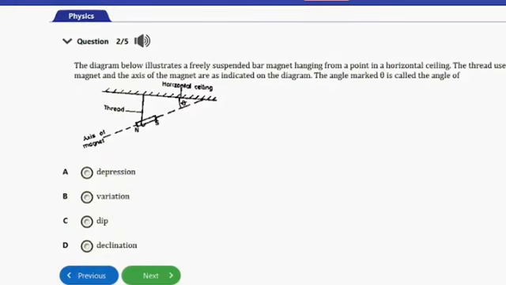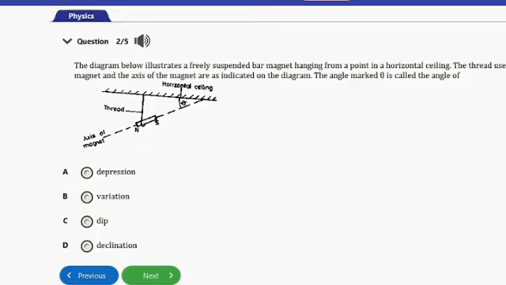So the next question here is question number 2. It says, the diagram below illustrates a freely suspended bar magnet hanging from a point in a horizontal ceiling. The thread used to suspend the magnet and the axis of the magnet are inclined on the diagram.